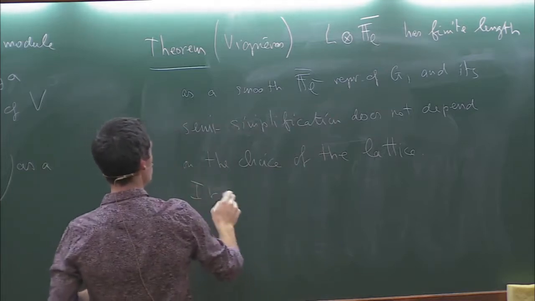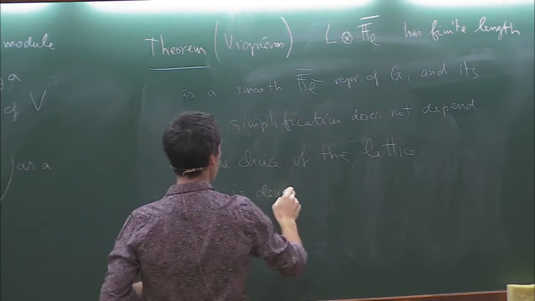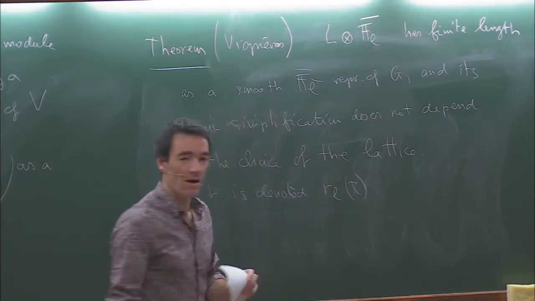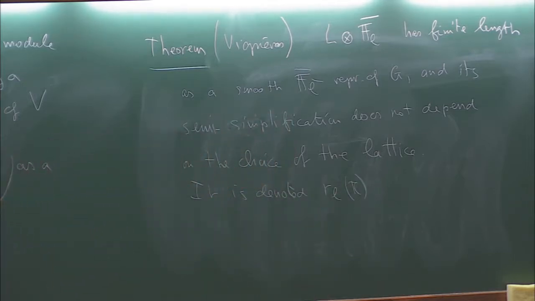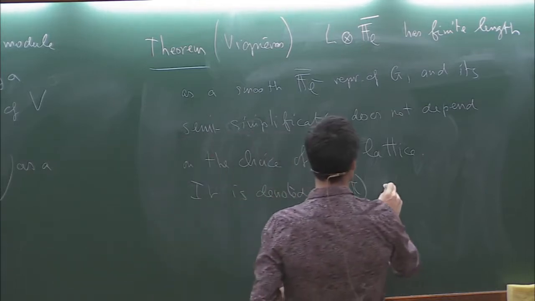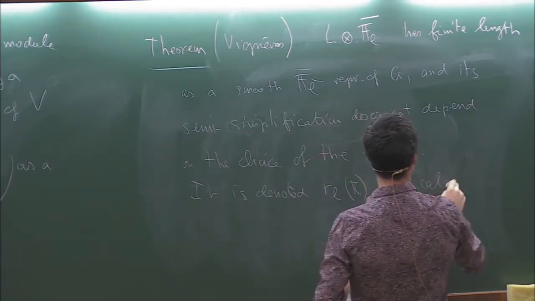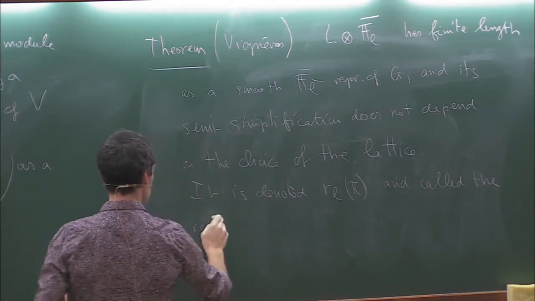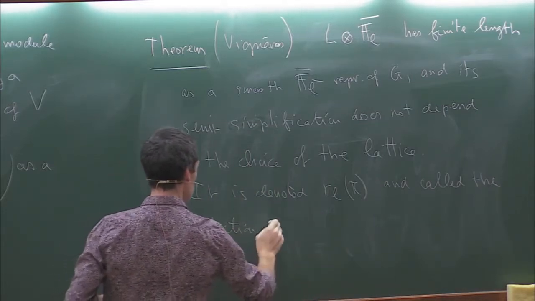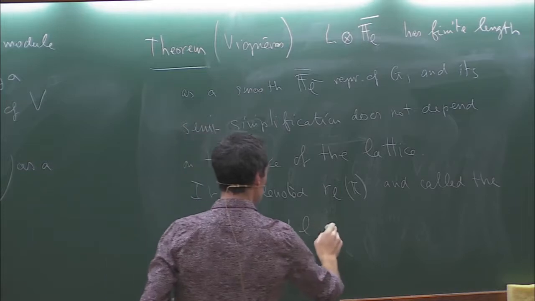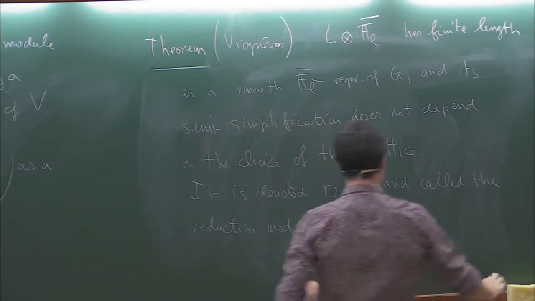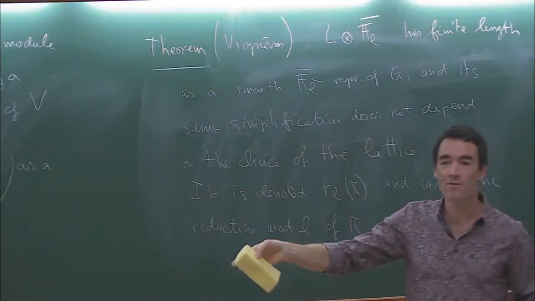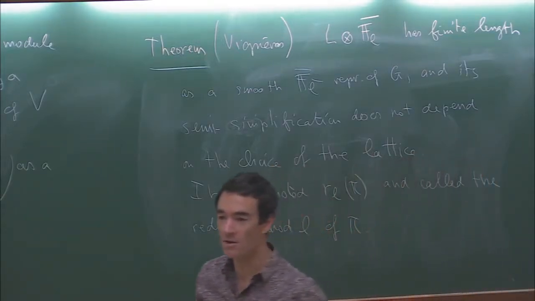So the semi-simplification is denoted r_L of pi, and it is called the reduction mod L of pi. By definition, r_L of pi is a direct sum of irreducible F_L bar representations.